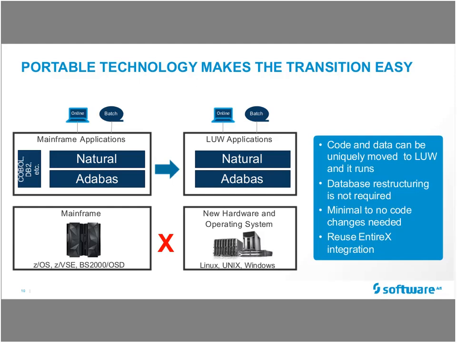There are options for COBOL DB2 because we know not everyone has just Adabas Natural, that they have other things, and we'll talk about all of those different things a little bit later in the presentation. But there are capabilities for COBOL DB2 to run in the LUW platform. The major difference is the platform itself, moving from that mainframe to the LUW platform. One of the big cost savings is just the cost of the platform itself. Typically, you're running on a much smaller machine at a much reduced cost.